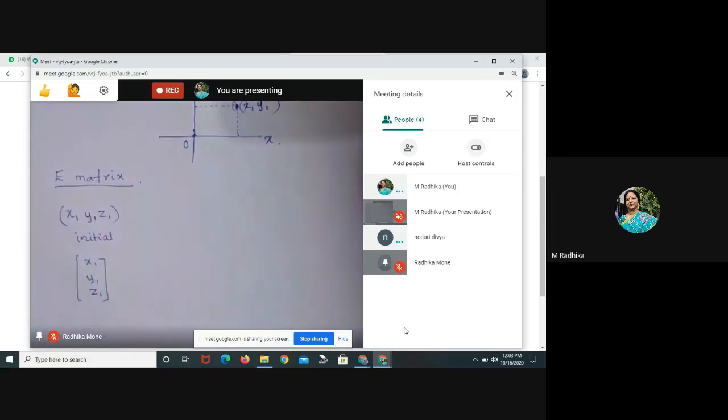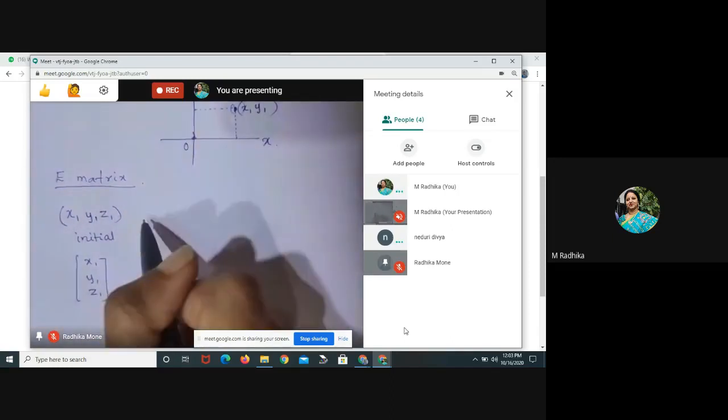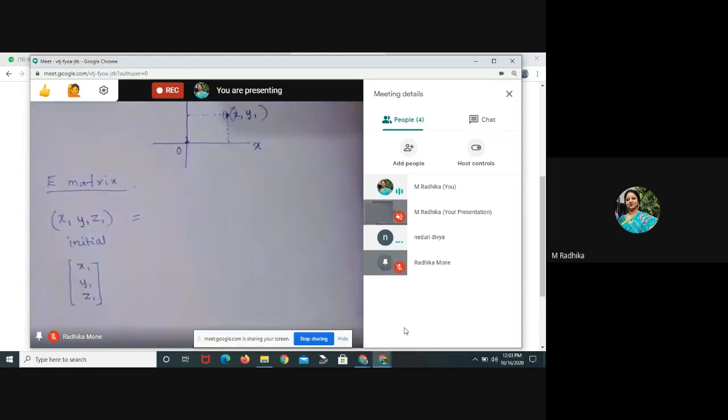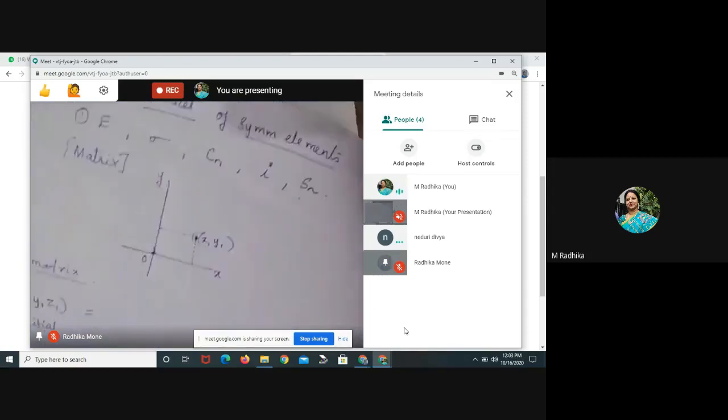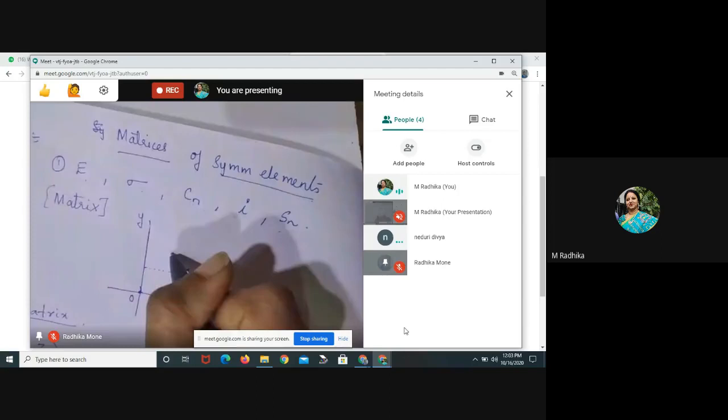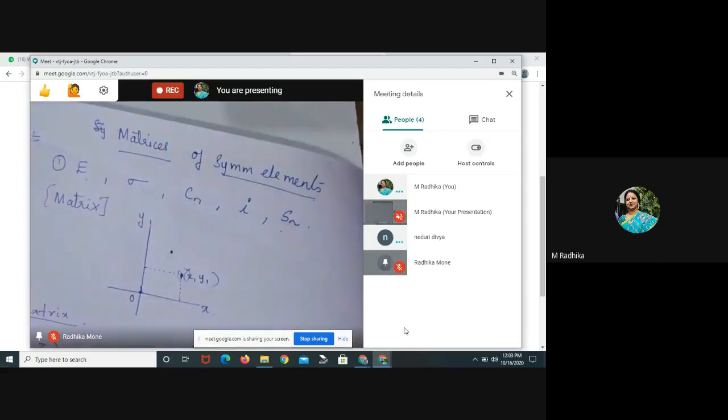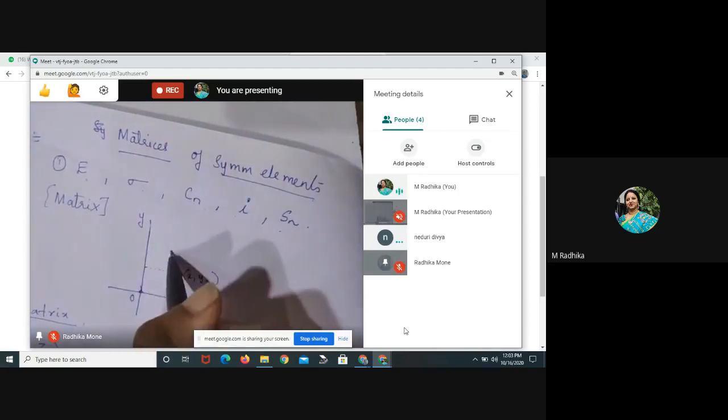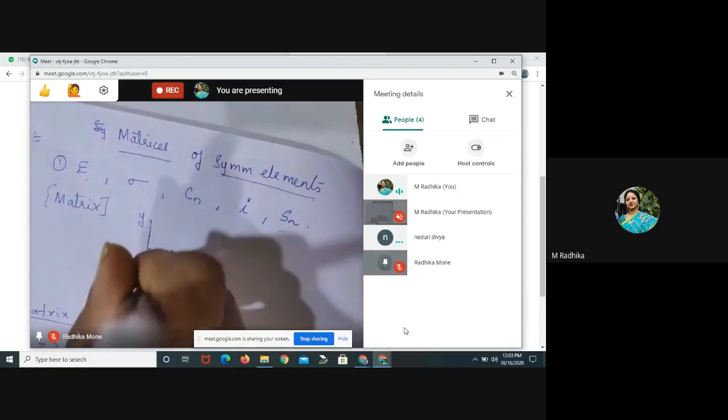Now, if the point changes its place, suppose in the same graph I am keeping one more point here. What will the position of this be? Again I can tell the position has changed according to the x-axis, y-axis as well as the z-axis.